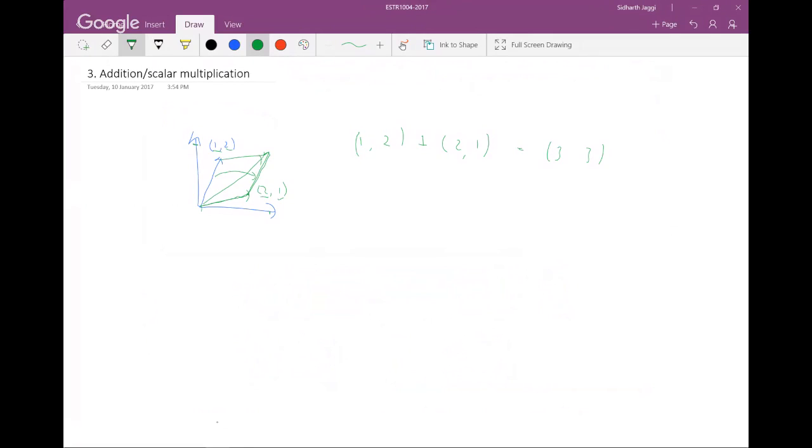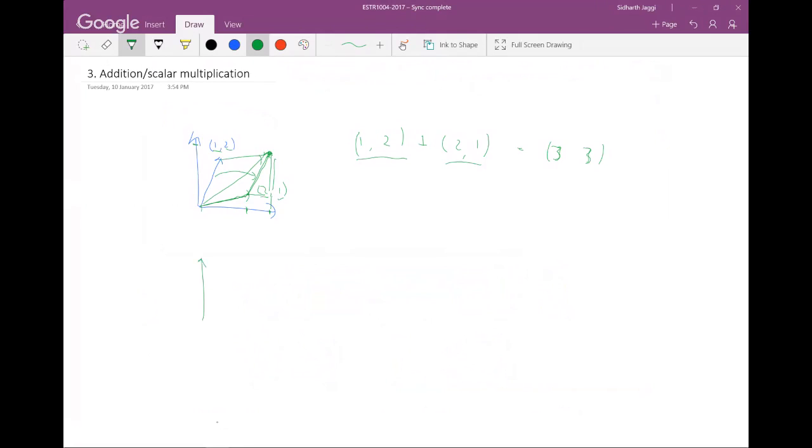I move one step along the x-axis, 2 steps along the y-axis, and therefore the summation of the 1, comma 2 vector and the 2, comma 1 vector is the summation of moving 1 step along the x-axis and then 2 steps along the x-axis, and moving 2 steps along the y-axis and then 1 step along the y-axis, and that's how I get 3, comma 3, right? That's the geometric meaning of addition of vectors.